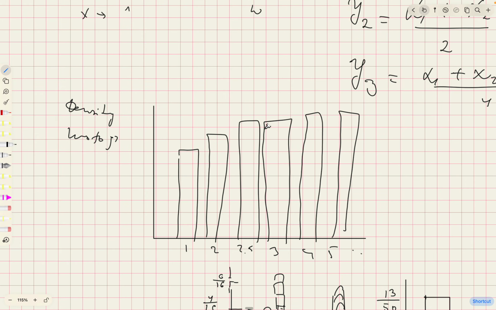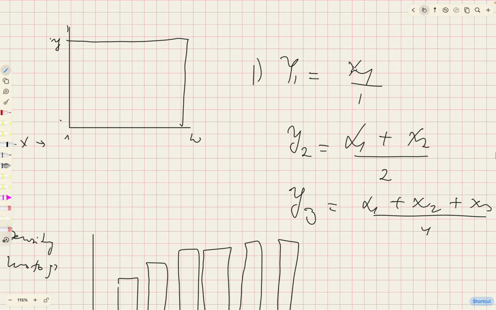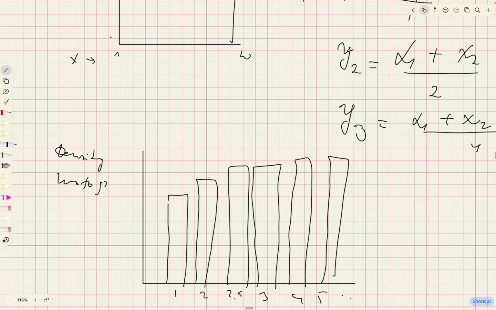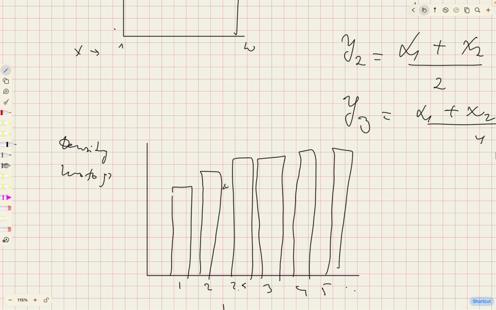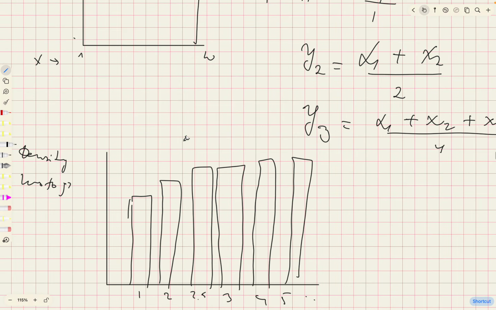So coming back to here, what we did is we started with y1, and each time we took a sample and had its density histogram, and you can see that our density histogram distribution still looks similar to the uniform distribution.